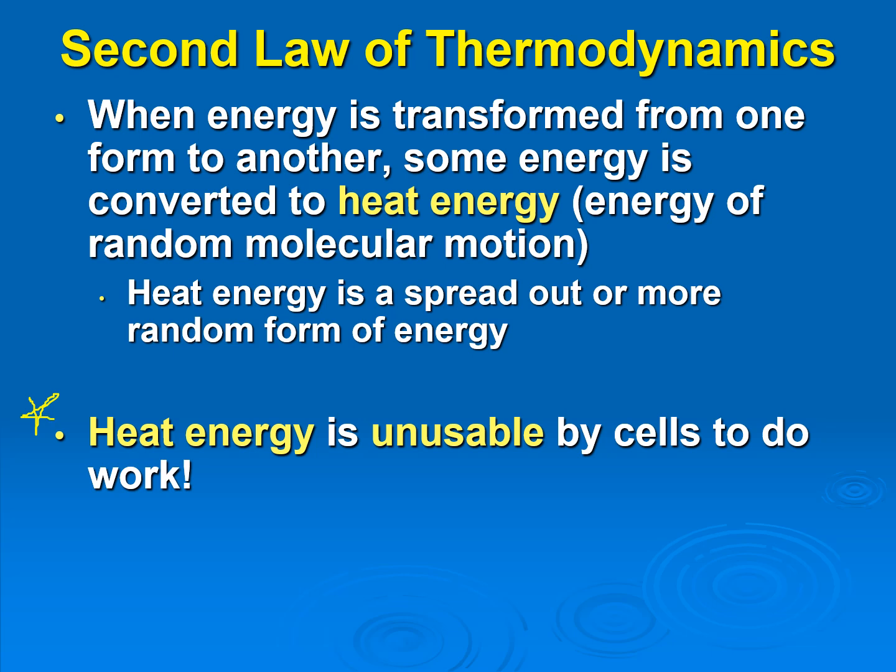So we can't do any work with heat energy. It does keep us warm, so it helps with our body temperature, but that's it. We can't use heat energy to contract our muscles or do anything else with it. So it's just not able to be used to do work with our cells.